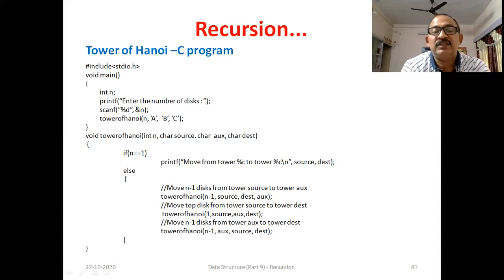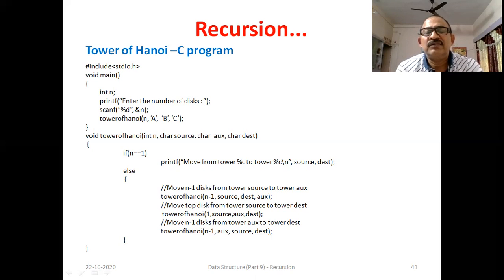Now here you again see the sequence of the parameters. First is n-1, next is the auxiliary, since here the auxiliary tower is used as the source, and source is used as the destination. Okay, is it clear or not?